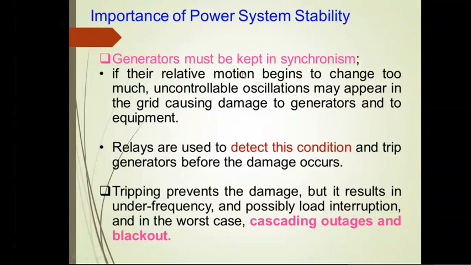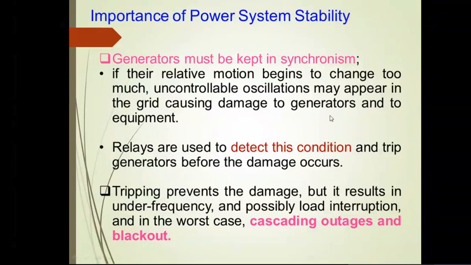If there is a high relative motion taking place between the generators which are in operation, you will have oscillations which are uncontrollable in the grid, and that may result in damage to the generator.